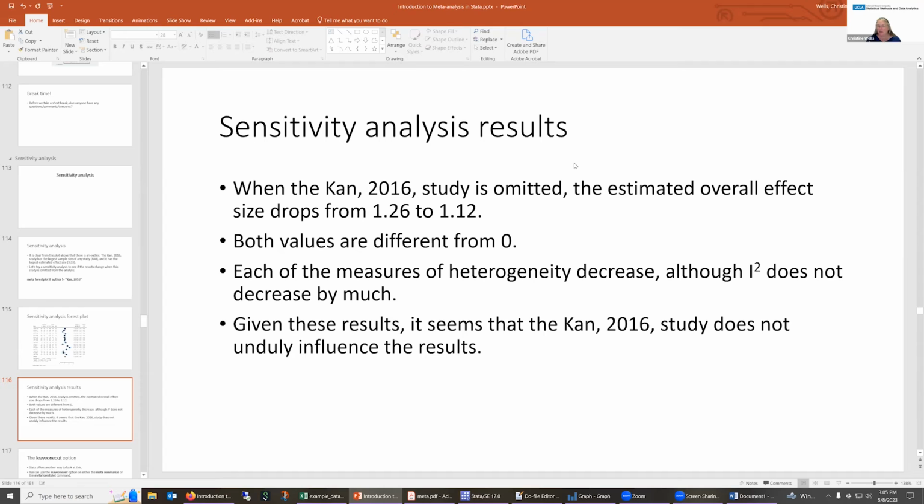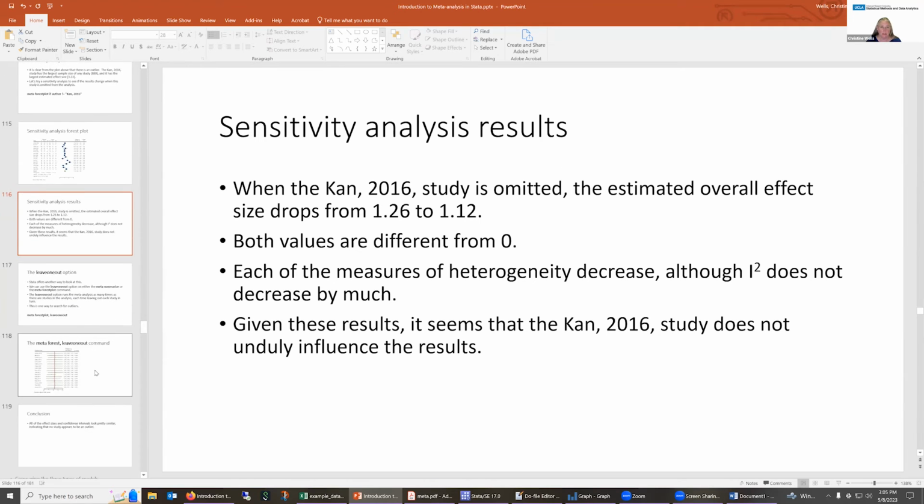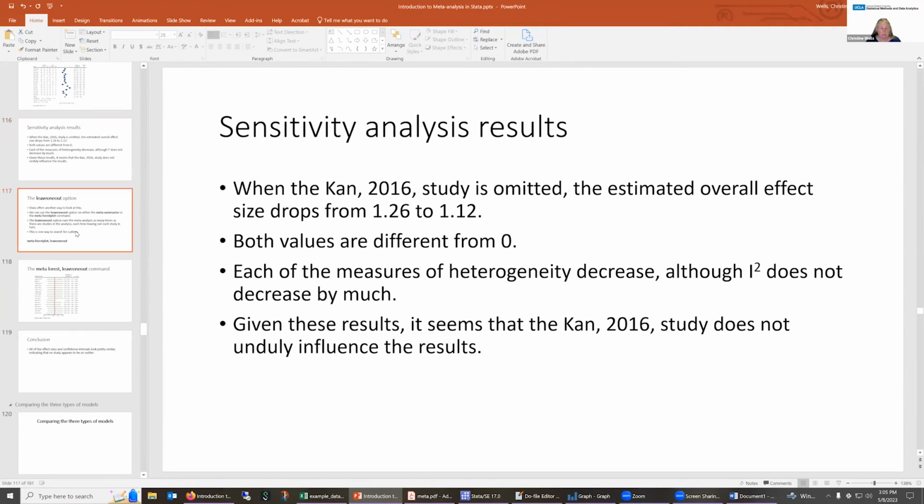Each of the measures of heterogeneity will decrease, although I squared doesn't decrease by all that much here. And so what I take from this is that even though that Hedges' g value is very large, this study doesn't unduly influence my results. And so I'm going to say that he's not a problem.